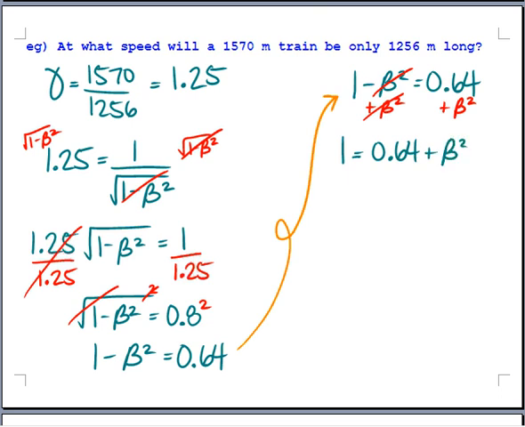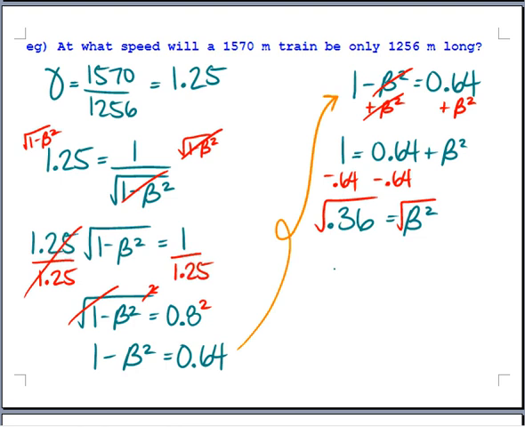And now we can subtract off 0.64 from both sides. Get that beta squared by itself. That's going to be 0.36 equals beta squared. And the last algebraic step, square root that sucker.